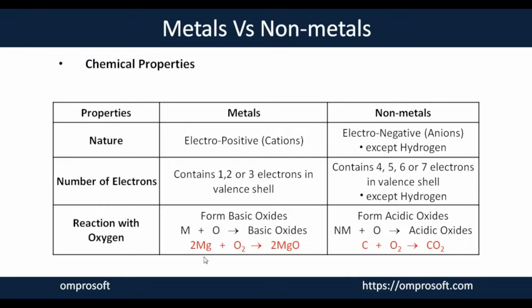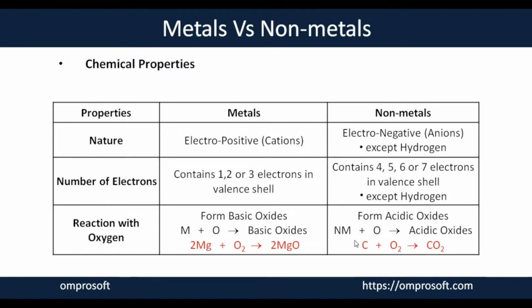For example, magnesium when reacting with oxygen forms magnesium oxide, and its nature becomes basic. According to the pH scale, basic nature ranges from more than 7 to pH 14. So whenever a metal reacts with oxygen, it shows a basic character.